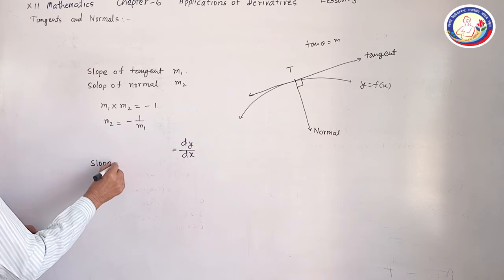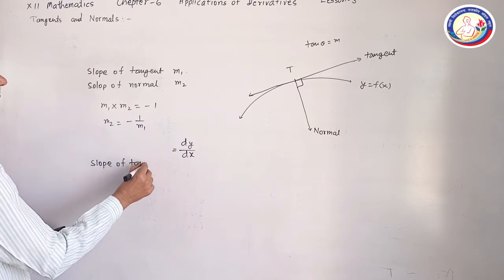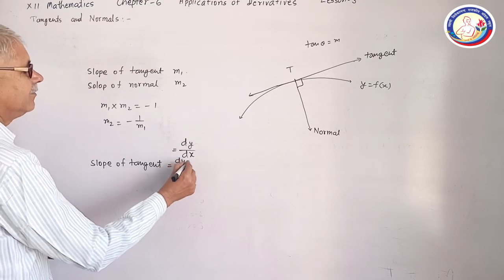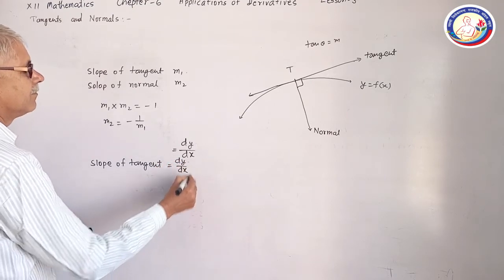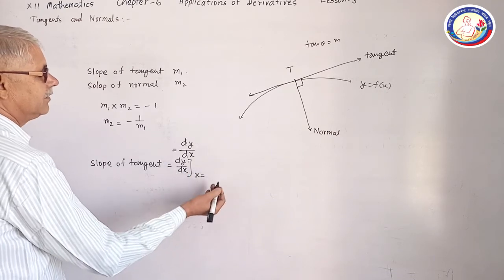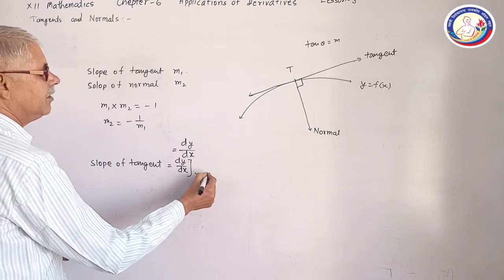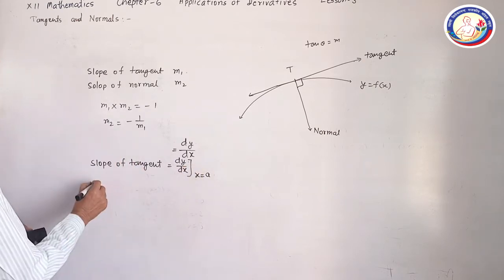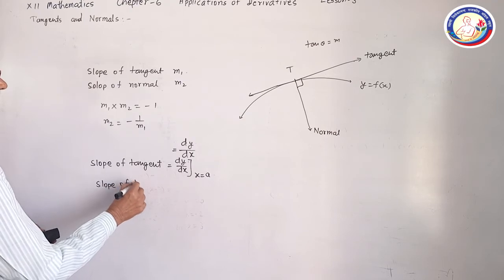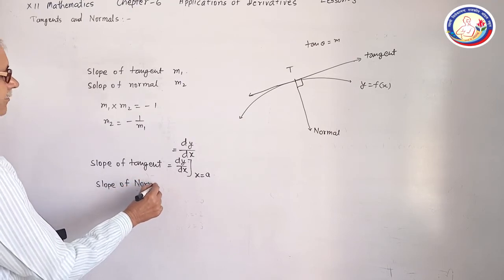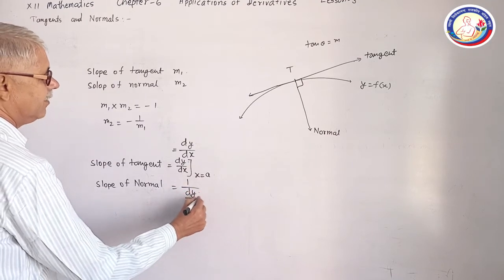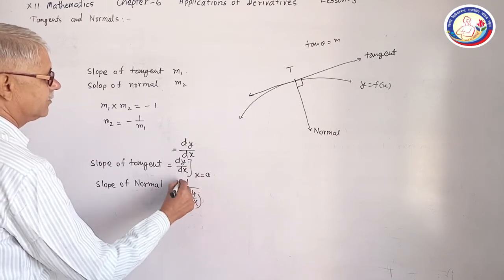So we will find the slope of tangent by finding the derivative of y with respect to x at a certain value of x, say x equal to a. And the slope of normal will be 1 upon the derivative of y with respect to x with negative sign.